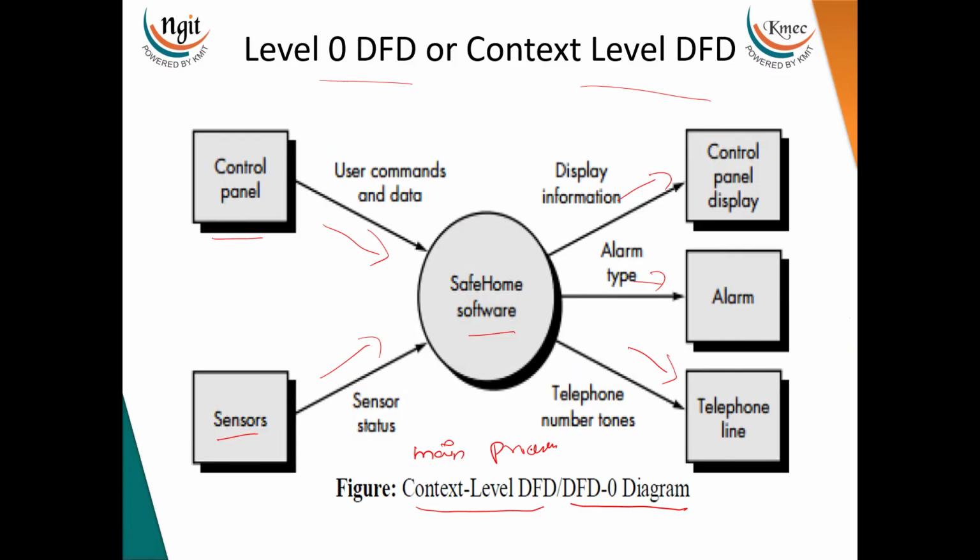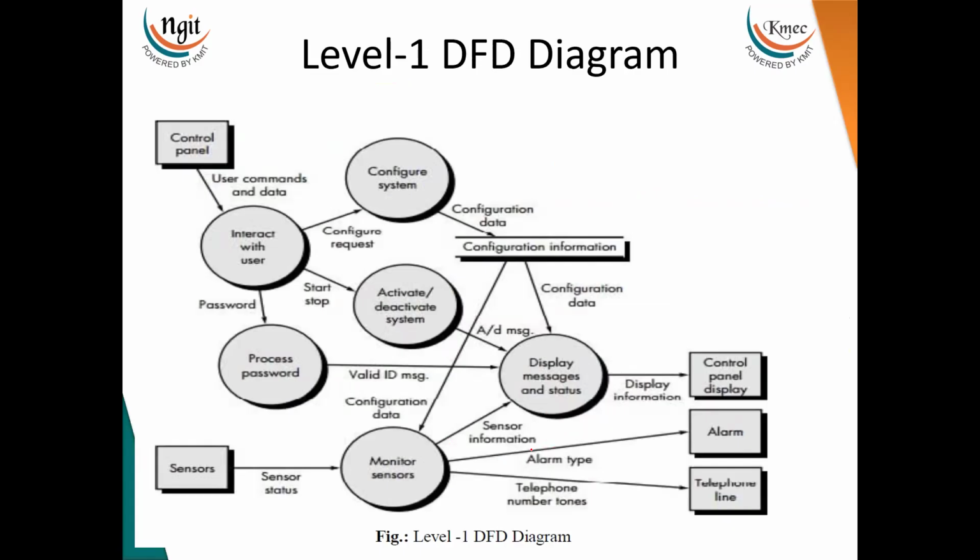Let's see level 1 also. Now we can see the DFD level 1 diagram. You can observe more refinement in the level 1 DFD than in level 0 DFD. Whatever process is represented at level 1 DFD can be further refined into lower levels, where the continuity of information flow will be maintained.